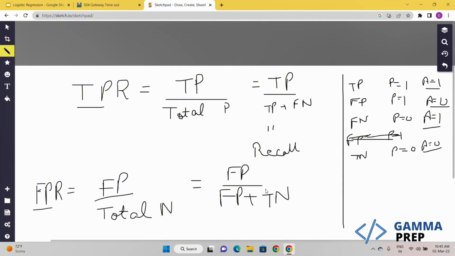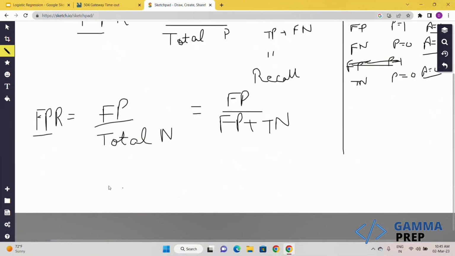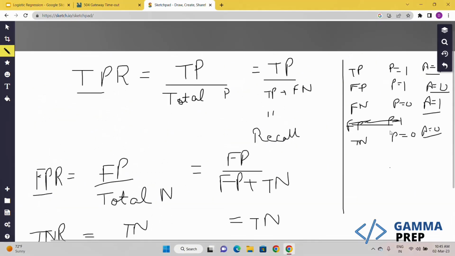Now the next term. So we did TPR, we did FPR. Now let's do the next term, which is TNR. What is TNR? TN will come in the numerator and the denominator would be total negatives. True negatives are predicted as negatives and they're actually negatives also. What are total actual negatives?